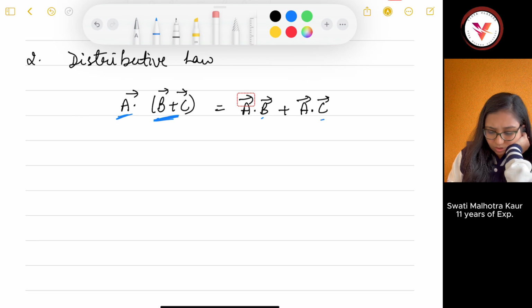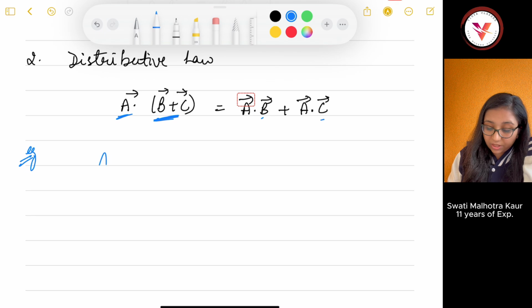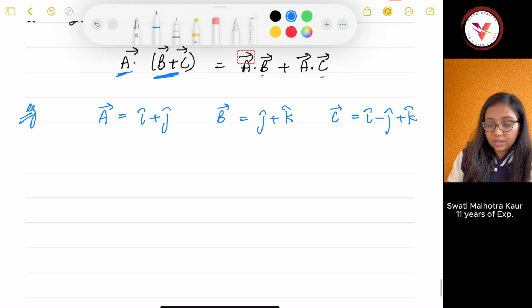And if you want to know it with an example, let's take A vector to be i cap plus j cap, B vector to be j cap plus k cap, and C vector to be i cap minus j cap plus k cap. I'm proving this thing.